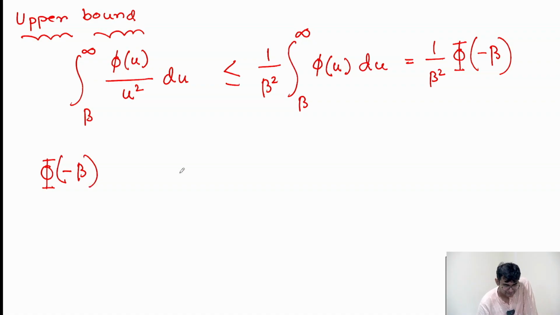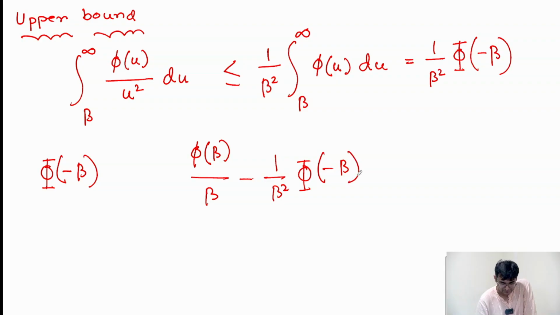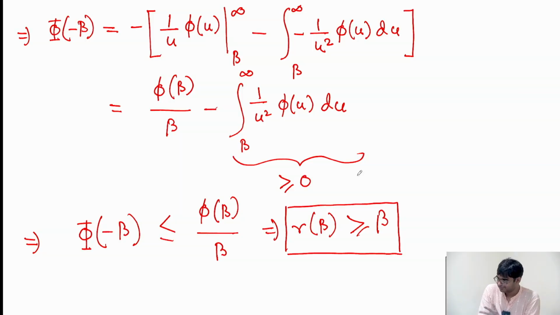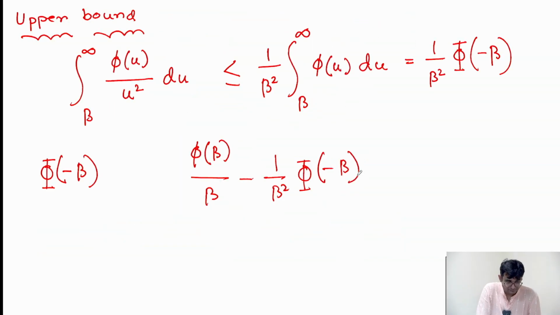Right hand side, the first term is phi of beta divided by beta. The second term is 1 by beta square phi of minus beta. What will be the sign in between? Greater than or equal to, right? Because that is the lower limit, right?